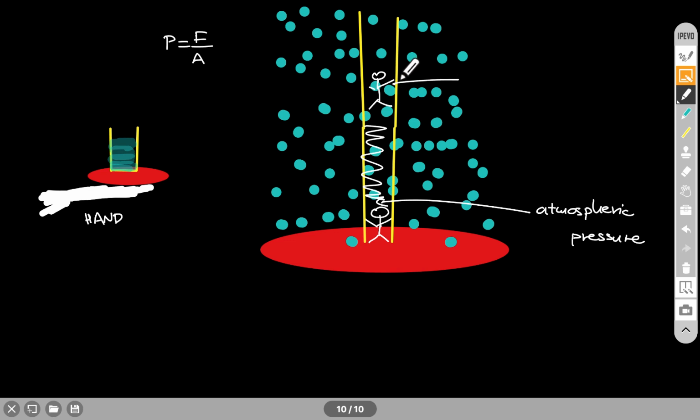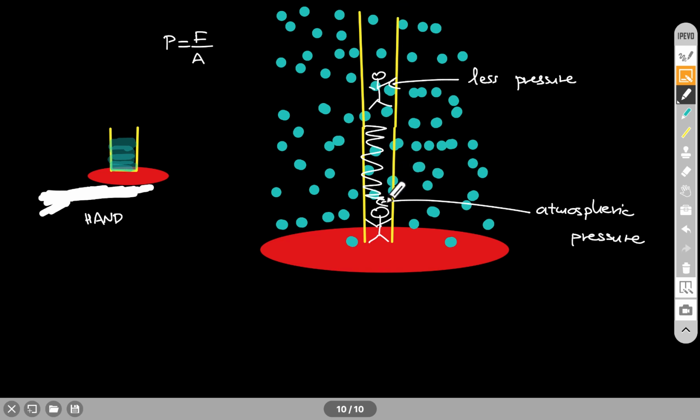This is why the higher you go in the atmosphere, the less pressure is exerted on the person. And if you take this person completely out of the atmosphere, of course there will not be any pressure exerted because there is no air. There are no air molecules that the person needs to support above them.